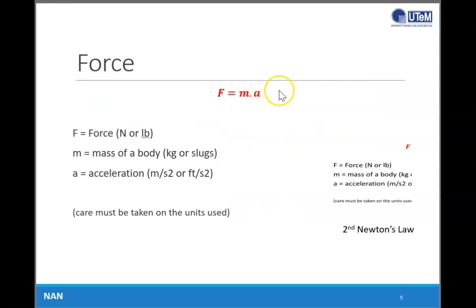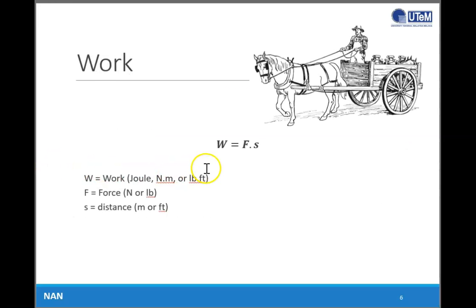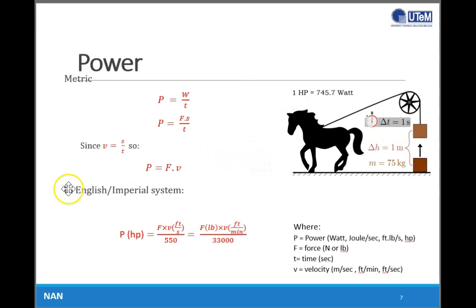Okay, this is the formula of force: F equals ma, where m is mass and a is acceleration. And this is the formula for work: W equals F dot S, where F is force and S is distance. And this is the formula for power.